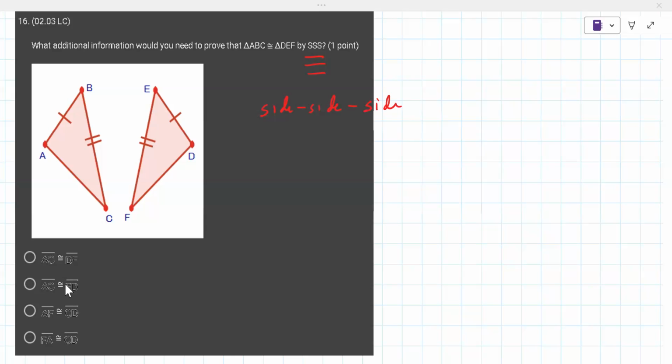If you're going from A to C like this, it means you're going from the single line to the double line. So which would that be, FD or DF? DF. Okay, so there's your answer.